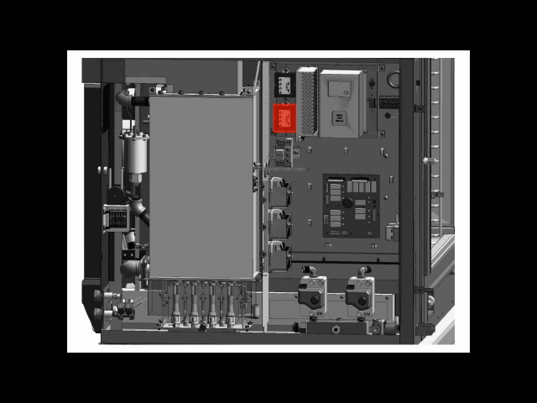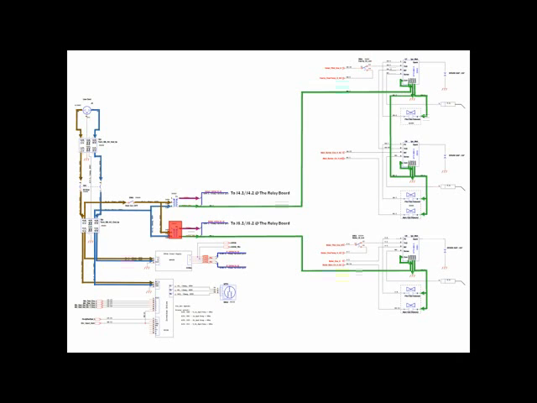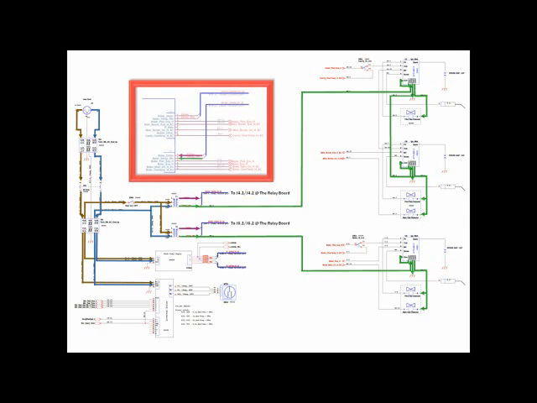T2 is located below T1. Transformer 2 sends a low signal to the boiler ignition module and 24 volts to J6 at the relay board.